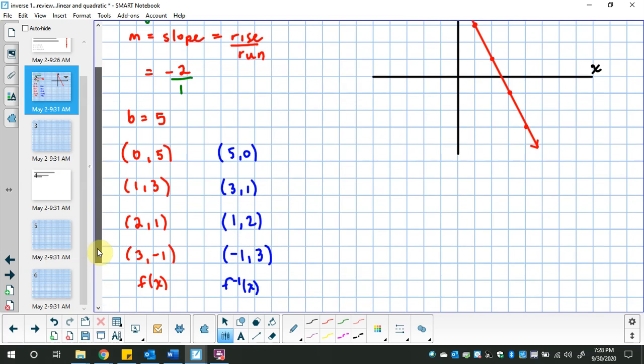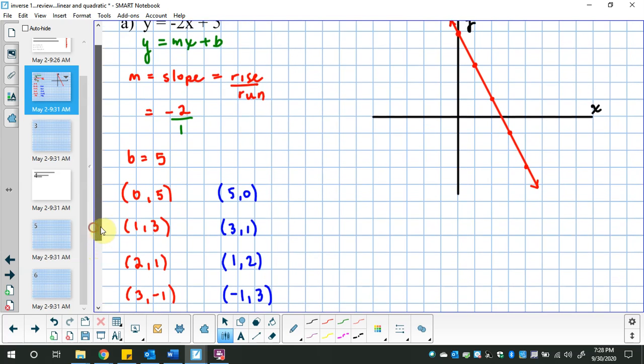And I have to put those dots on this picture, and then we'll have f inverse of x. Over 5 and up 0, over 3 and up 1, over 1 and up 2, and over negative 1 and up 3.